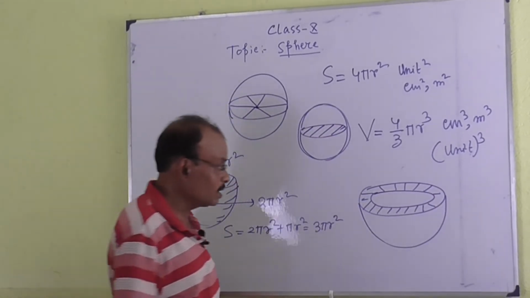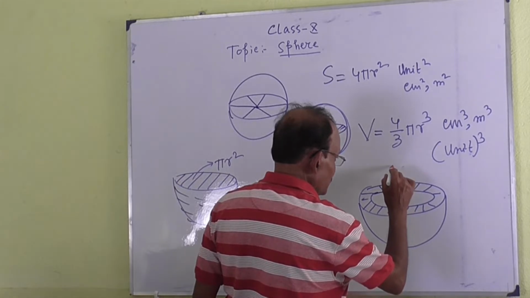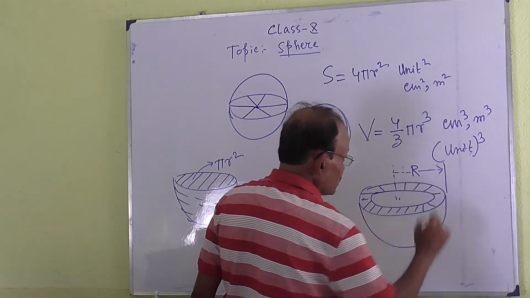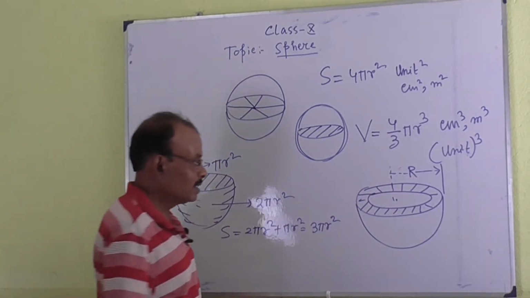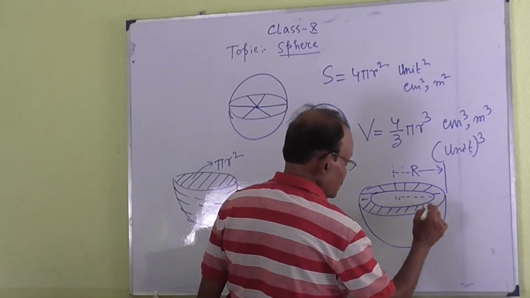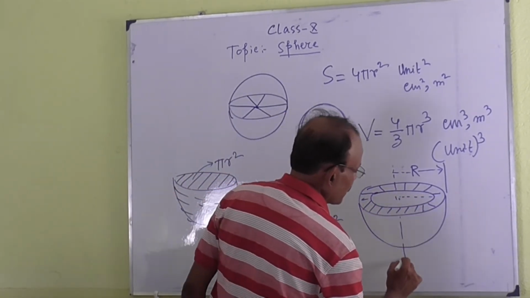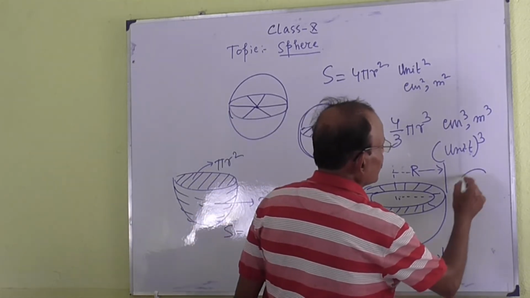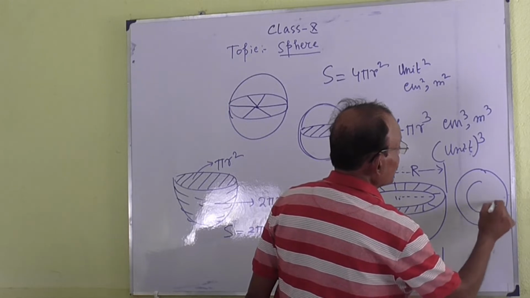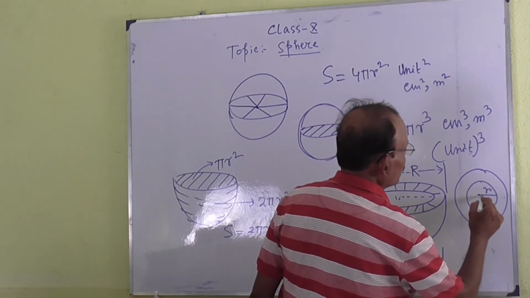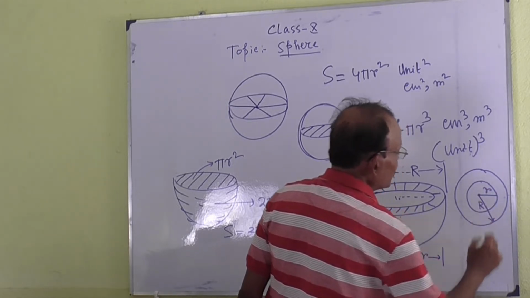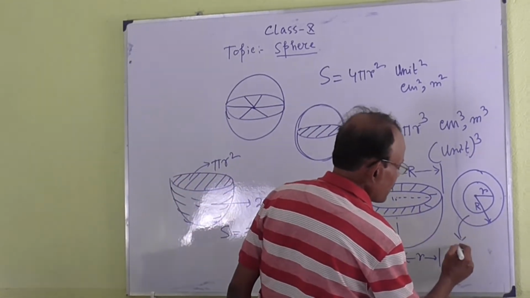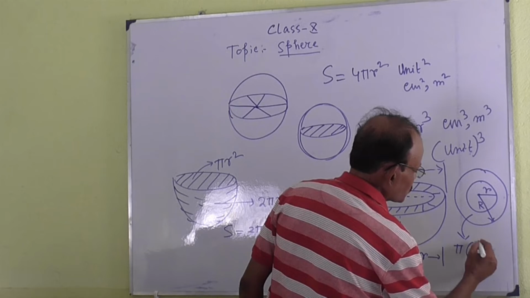Here the outer radius is capital R and the inner radius is smaller. Here it is smaller and here it is capital R. So, the sectional area of this will be pi (R square minus r square).